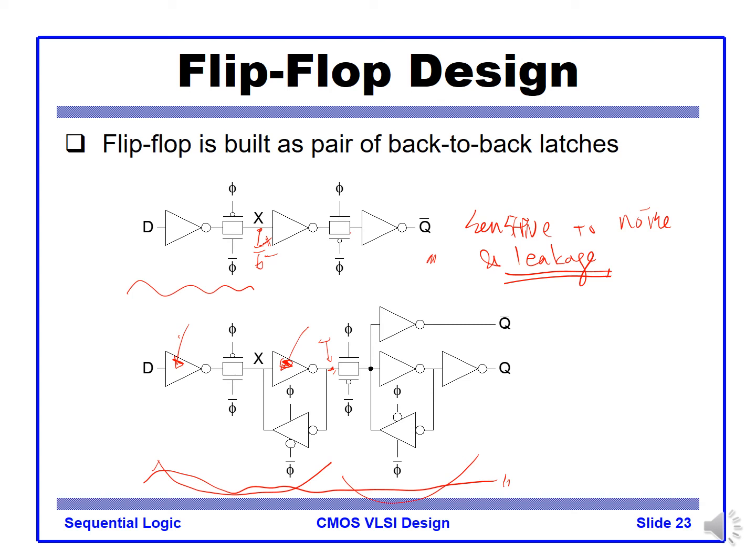The wire capacitance is very well controlled, so we can remove the inverter, and then we put another inverter there to ensure the polarity. For Q bar, we add the inverter here like that. So from this structure, we see that the input is buffered and the output is also buffered, so the input condition and output condition will have less effect on the actual operation of this kind of flip-flop. Okay.